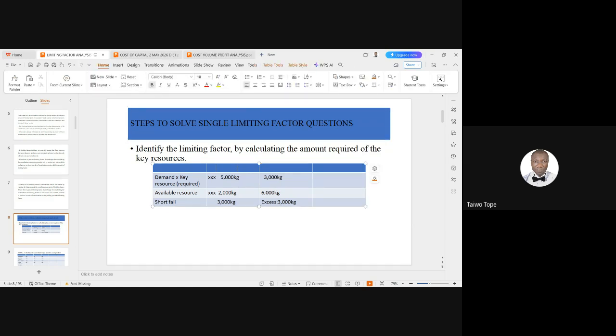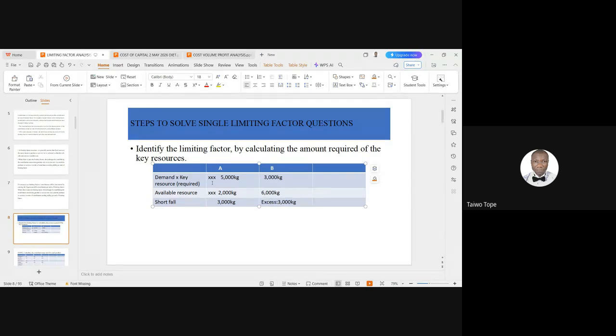So for you to know if there is limitation, what will you do? The difference between what is required and what is available will tell you if there is limitation, that is shortfall or excess.